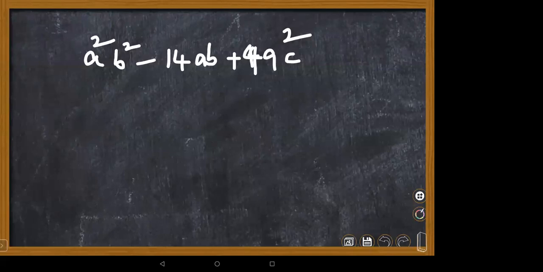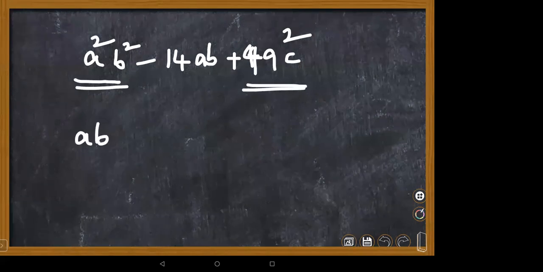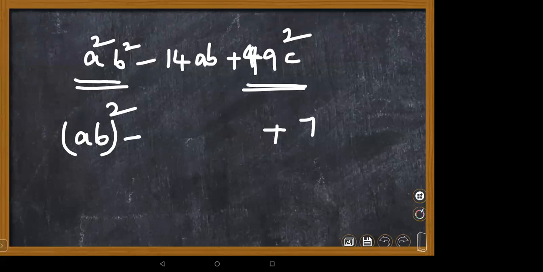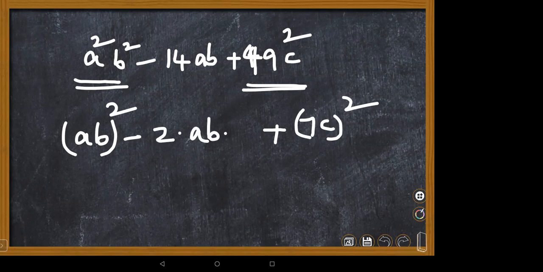No. By seeing only, this can be written as (ab) whole square. Minus c whole square. 49 can be written as 7c whole. Ma'am, is it (a minus b) whole square then? Yes, correct, ab into 7c.